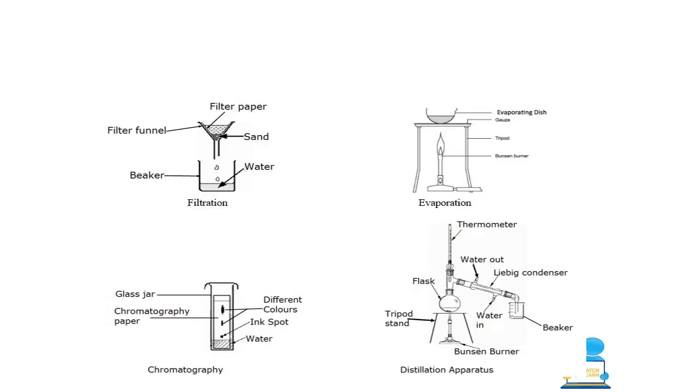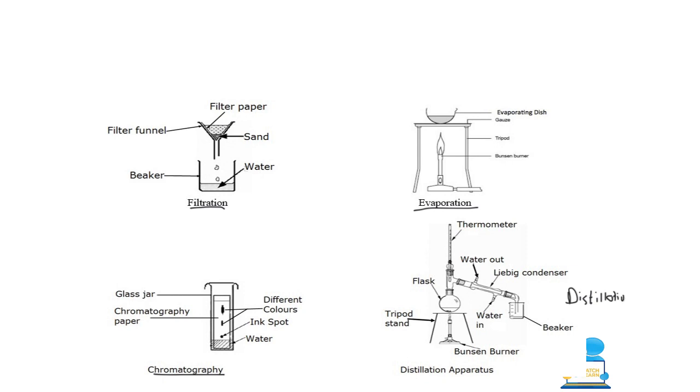So looking at a recap of the different processes, we're looking at filtration, evaporation, chromatography, and distillation. When we're talking about separating sand and water, how would we describe sand? Would we describe sand as an insoluble substance or a soluble substance?